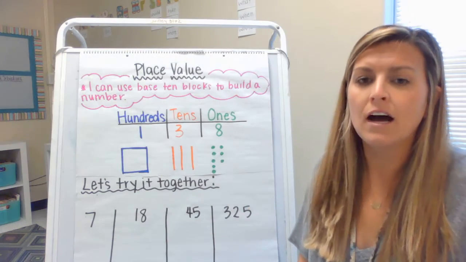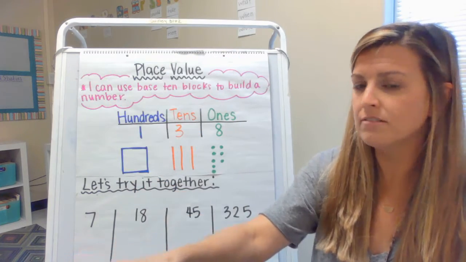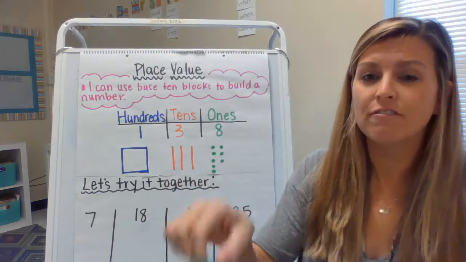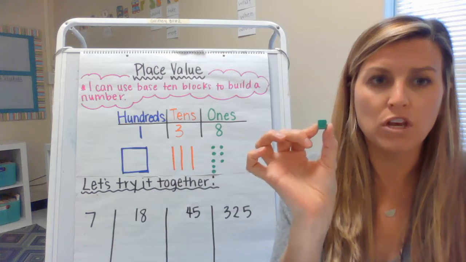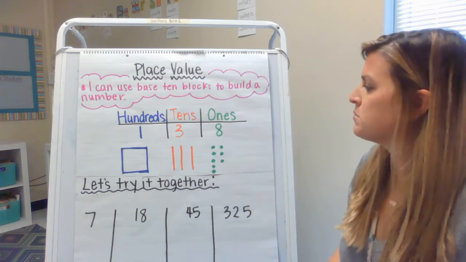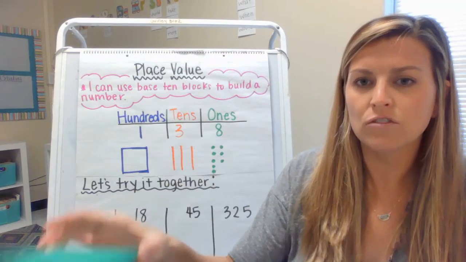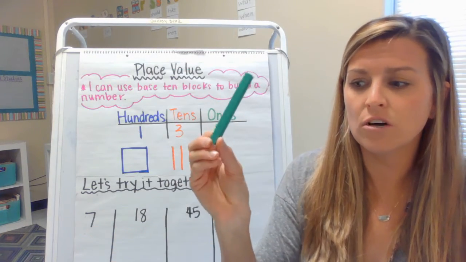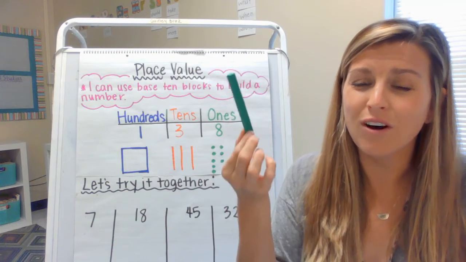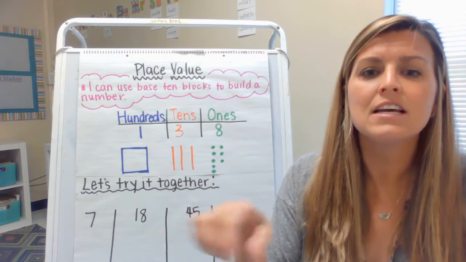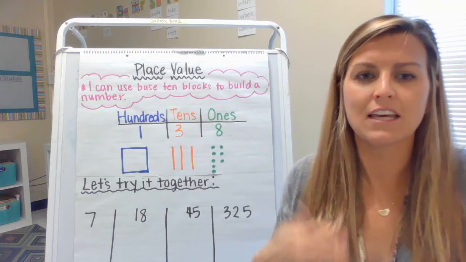In my class, I like to use squares for your hundreds flat, lines for your tens rods, and dots for your 1 units. The reason I do that is because sometimes it can get confusing if you're drawing rectangles for your hundreds, and also, well, it's really a square, but sometimes when we draw, it looks like a rectangle, and then you also have rectangles for your tens, and sometimes little squares for your ones, and if they're different sizes, I can get confused.